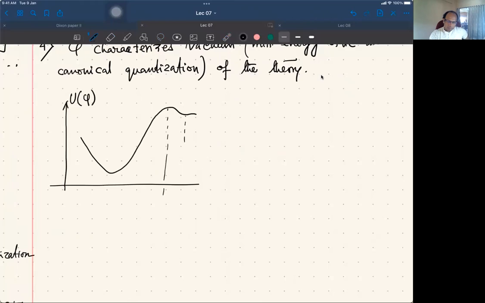This is a minimum here, so this is phi, and this is another local minimum. Let me call this phi 0, where the value of u is lower than this local minimum. So this is a more stable vacuum than the other one, and this in fact is an unstable vacuum.